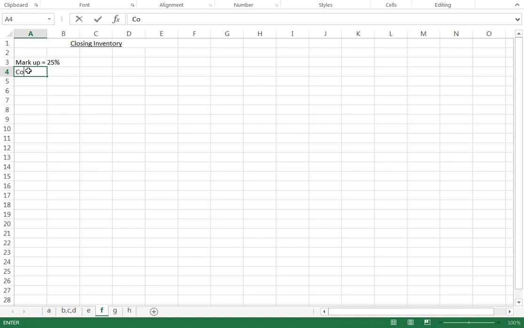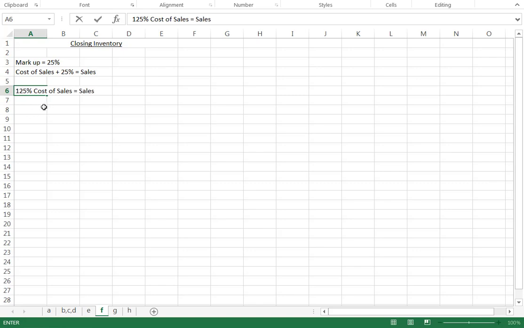So cost of sales plus 25% equals sales. So 125% of cost of sales is equal to sales.